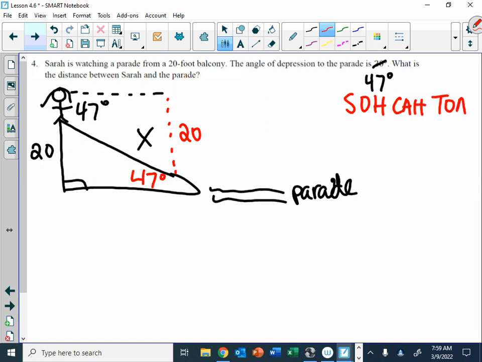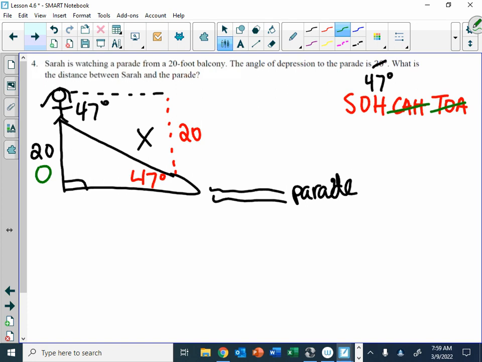How does 20 relate to 47? Opposite, good. So that throws out the cosine. And then I have a hypotenuse, so which trig ratio am I using? Sine, good. This is really just like the last problem, just needed to draw a picture for it.